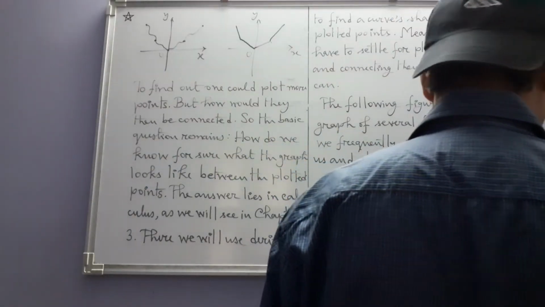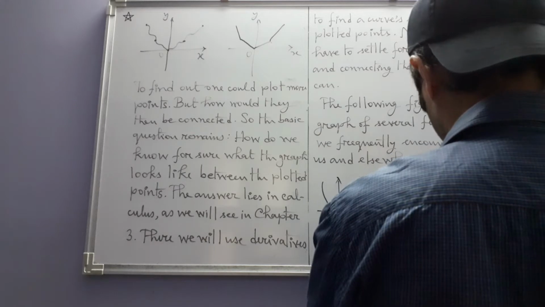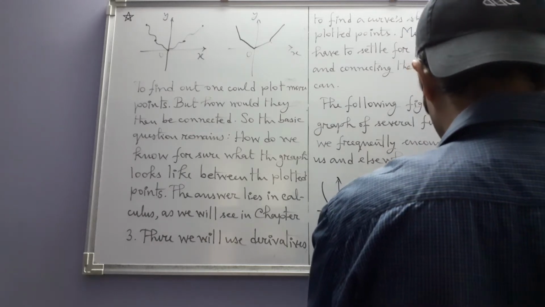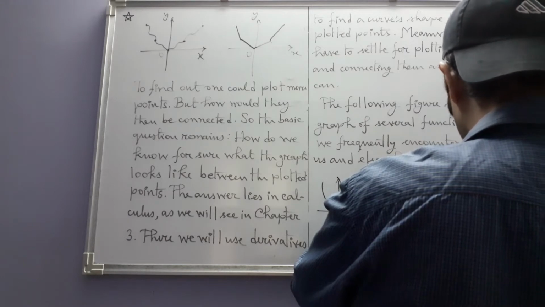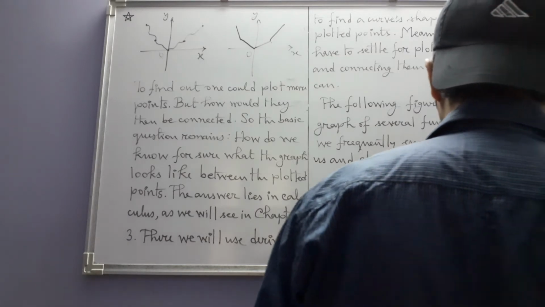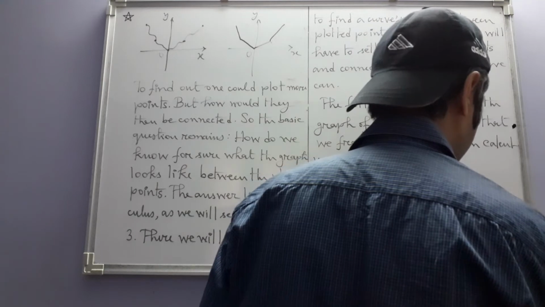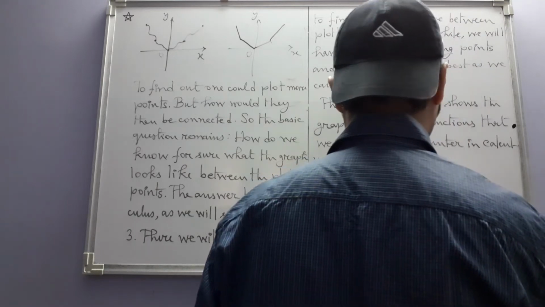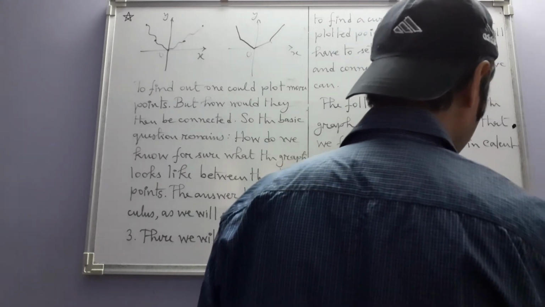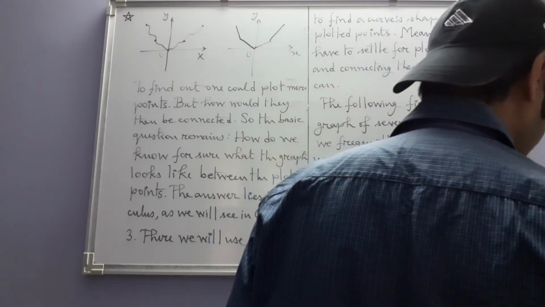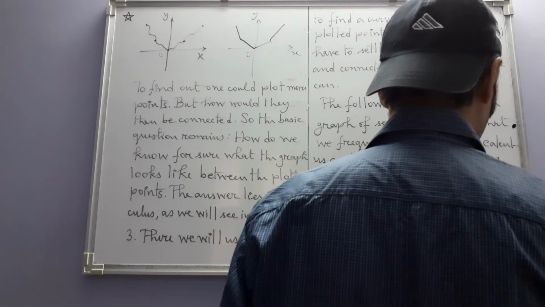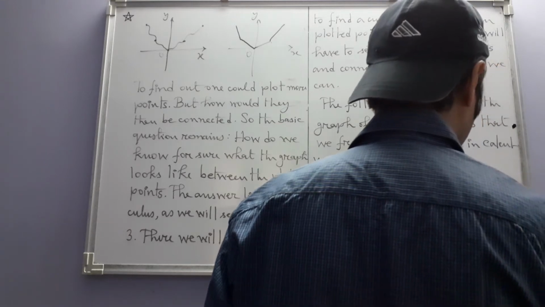Then the cube function. That was the square function, and now we draw the graph of the cube function. x, y, it is roughly like this. I am showing the general shape.